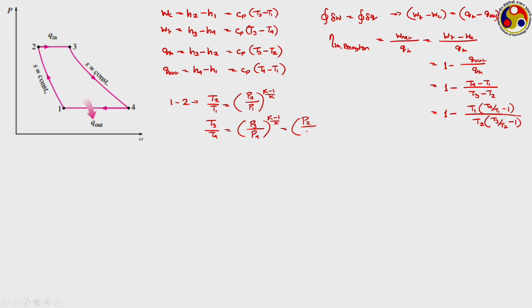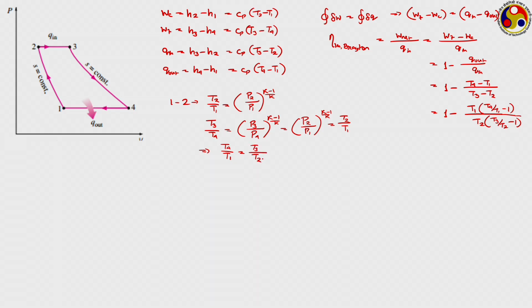Similarly, 4 to 1 is a constant pressure process, so P4 becomes equal to P1. So this is P2 upon P1 to the power k minus 1 upon k, that is equal to T2 upon T1, which allows us to now write that T4 upon T1 is equal to T3 upon T2.